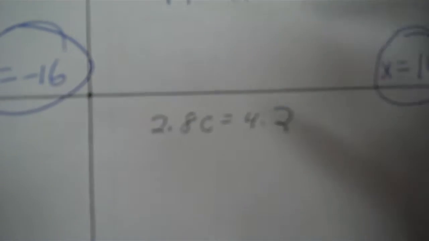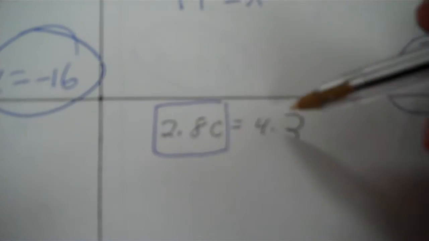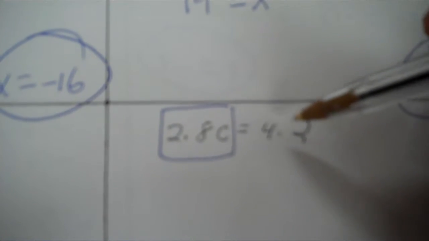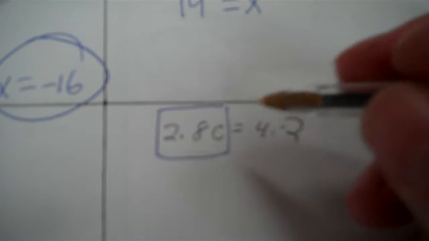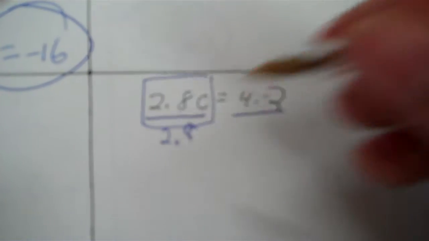2.8c equals 4.2. Again, can't put a 1. We have a different number at 2.8c. Nothing I need to add or subtract outside this box. I know this is outside the box, but that's on the other side of the equals. That's fine where it's at. So this 2.8, need to underline, put a 2.8.